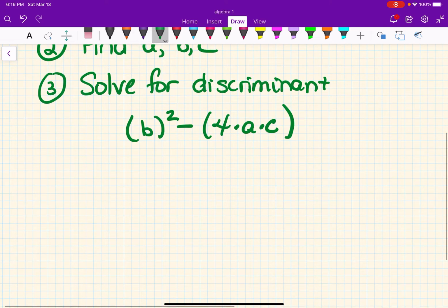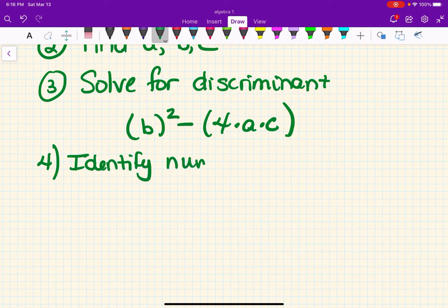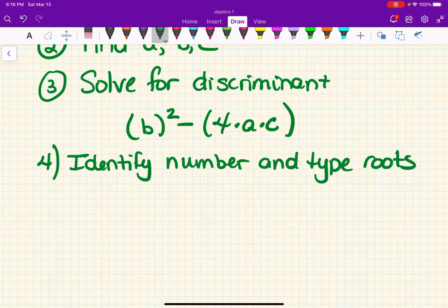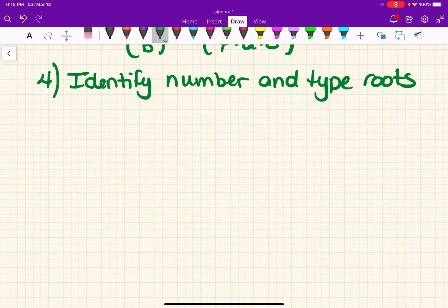Then we're going to look at this chart to identify the number and type of roots. Remember, roots is another word for zeros, where it crosses the x-axis. We generally use the word roots when we're talking about the quadratic formula. So I'm going to set up a table that's three columns and 4 rows.